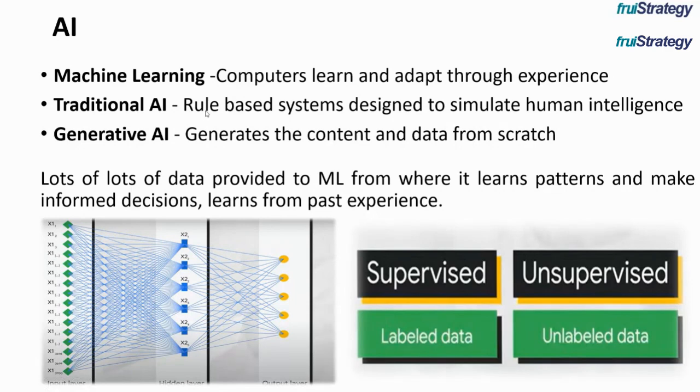In the sense that at a certain event or time you perform this particular task with more precision. That's where traditional AI will fit. Then generative AI is altogether generating new content from scratch the way you want it.